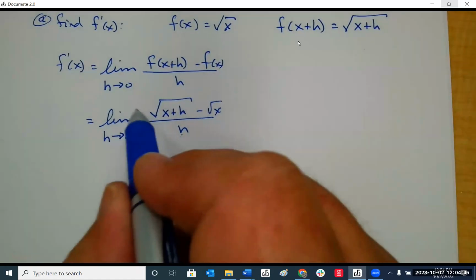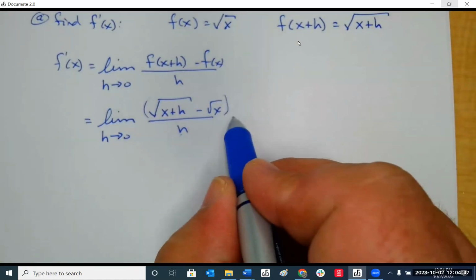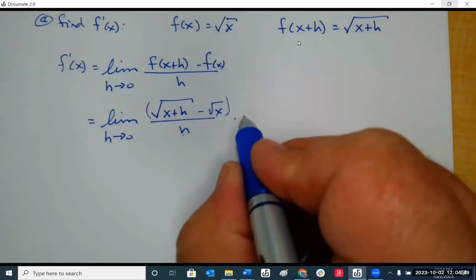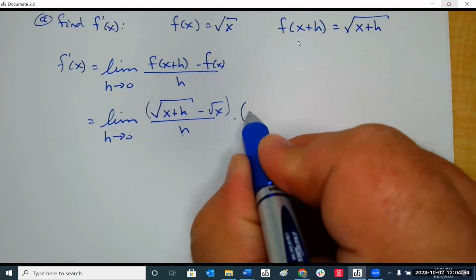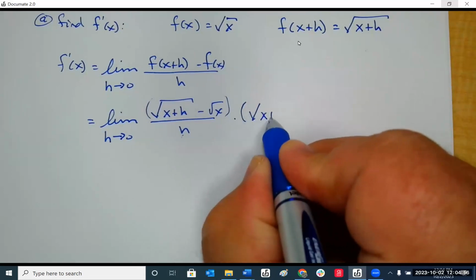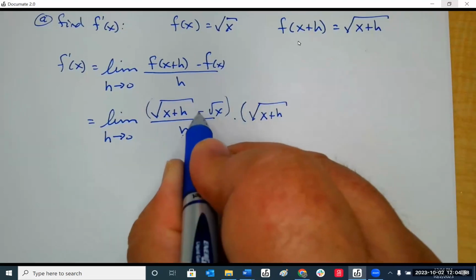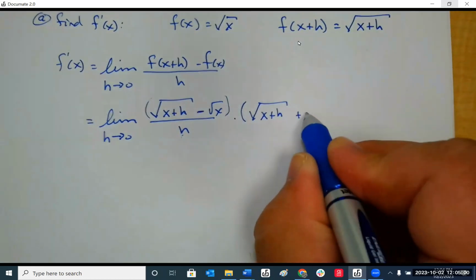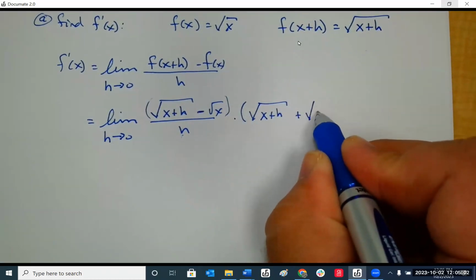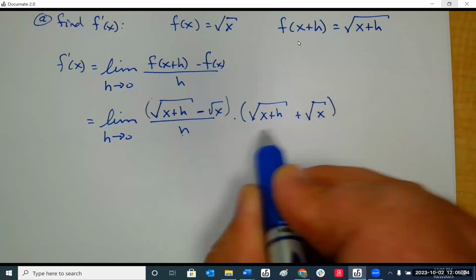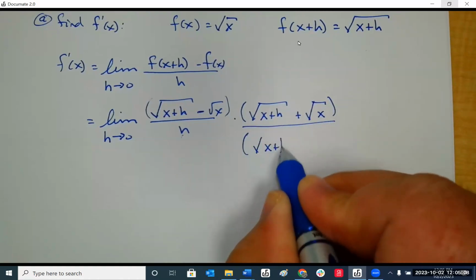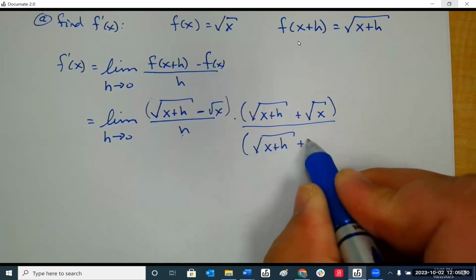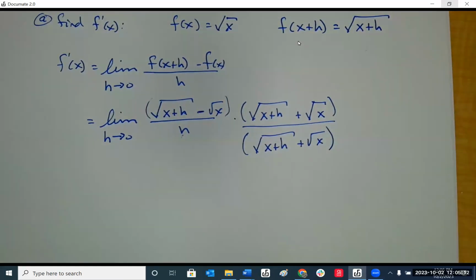Whenever we have 0 over 0, and we have a radical up on top, rationalize the numerator by the conjugate. That's what we did in chapter 2.